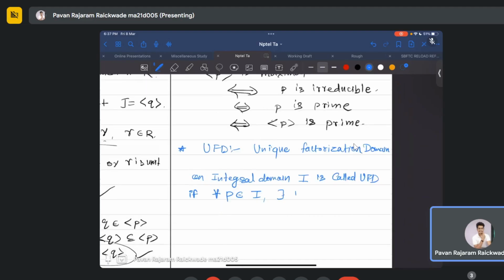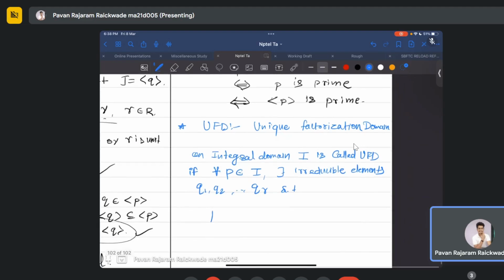There exist irreducible elements, let's say Q1, Q2, up to Qr, such that P equals Q1 Q2 up to Qr.